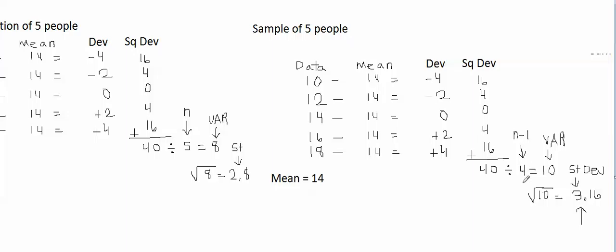If I didn't use this adjustment, n-1, and I just calculated my sample standard deviation by dividing by 5, then it would be likely that my sample standard deviation would come out too low, and it would underestimate the standard deviation of the JFK population. So what this adjustment is meant to do is to boost the sample standard deviation up to a bigger number so that it's less likely to underestimate the population standard deviation.